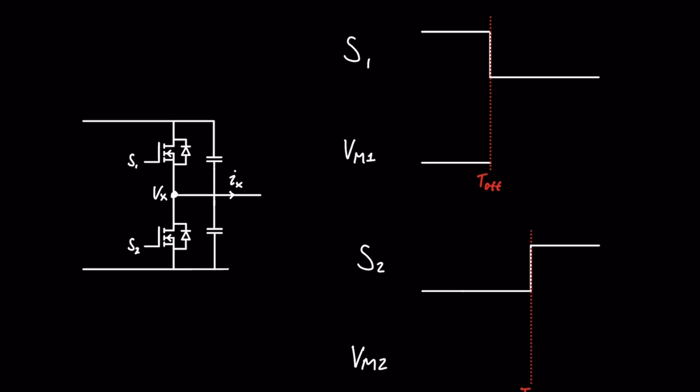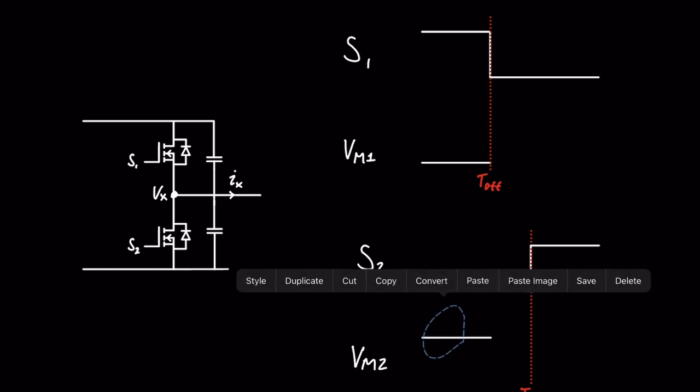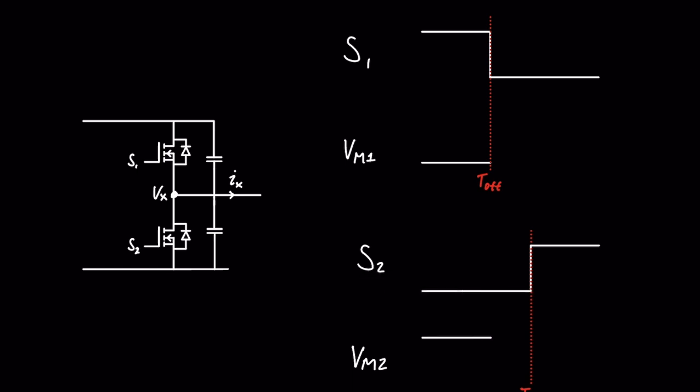If we take this scenario where S1 is on at the beginning and S2 is off, then the voltage over MOSFET 1 would be equal to 0, as I drew here. And the voltage over S2 would be equal to the supply voltage. I didn't draw that, but we have, for example, VDC here. So VM2 would be equal to VDC.